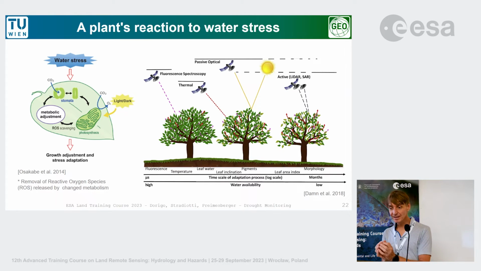So the vegetation water content decreases, and you should, in theory, be able to measure that using active or passive microwave observations. But also, if the leaf tissue is really damaged, you can see a reduction of photosynthesis, so you can measure that with optical data.